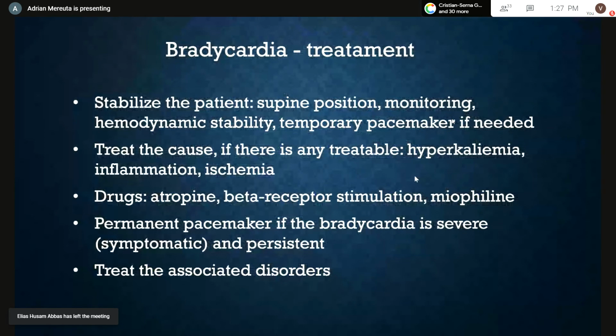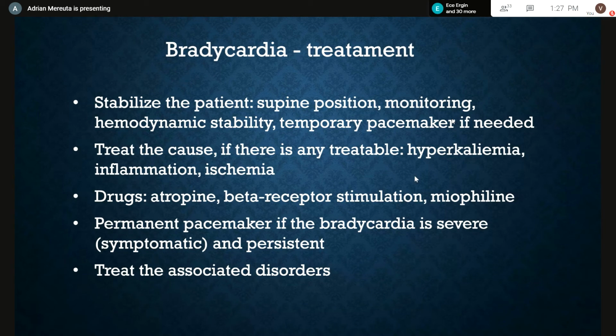Treatment for bradycardic disorders. First of all, if you are near the patient, you have to stabilize the patient. Usually, if a patient has a vagal reaction, you have to put them in the supine position and give some blood.